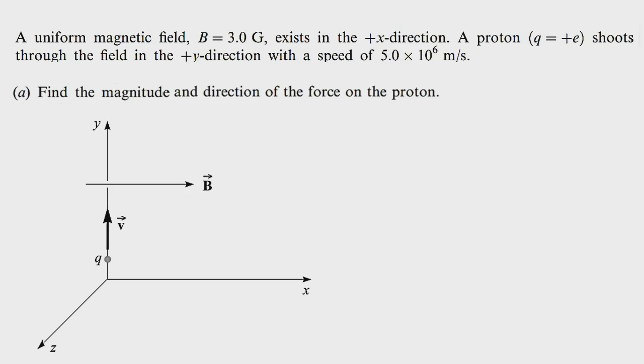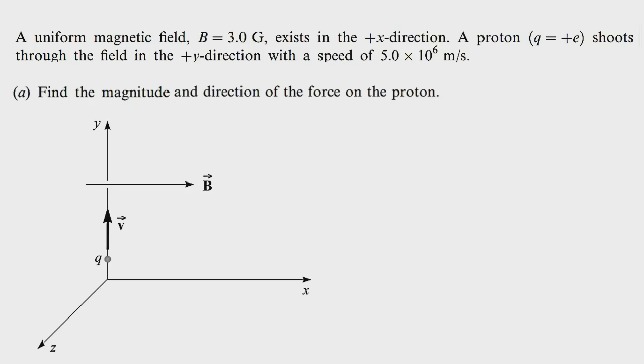Here we have the coordinates x, y, and z. Notice that B, the magnetic field, lies along the x direction, while the direction of the velocity of the charge Q, the proton, lies along the positive y direction.